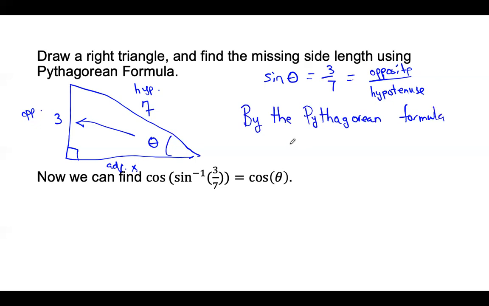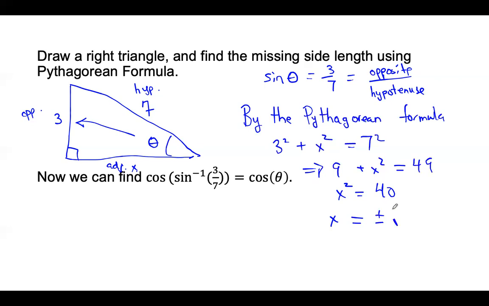So we can just simply say 3 squared plus x squared is equal to 7 squared and solve. So this becomes 9 plus x squared equals 49. I'll quickly solve this. x squared becomes 40. Take the square root, so plus or minus square root of 40.